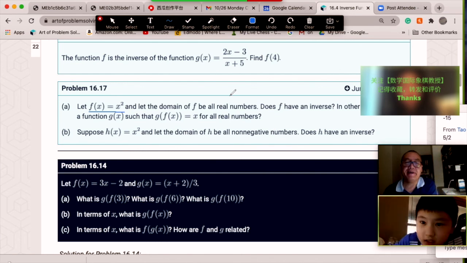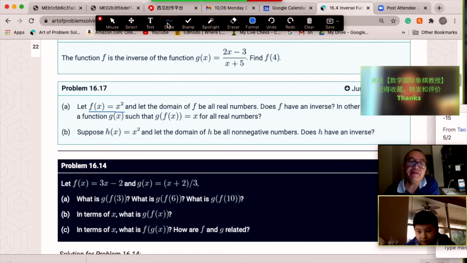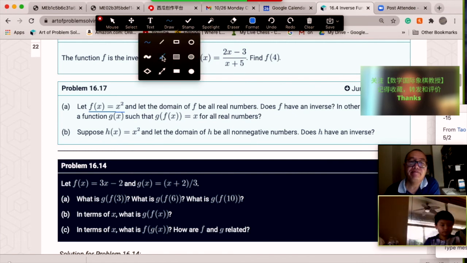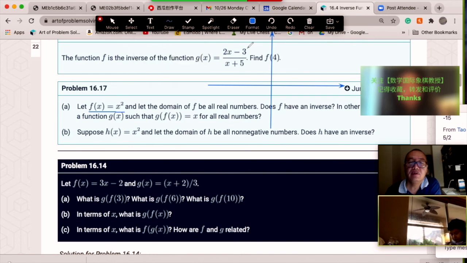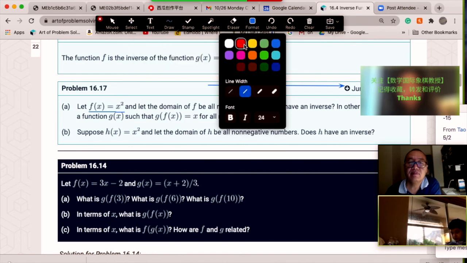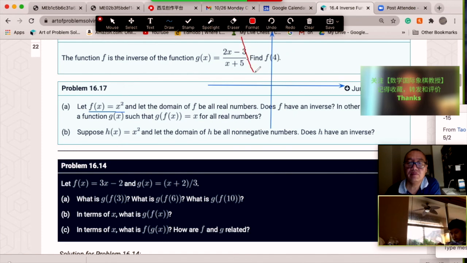You can see here, if you try to draw a Cartesian plane, something like this. Okay, this one is y, f(x) equals x squared.